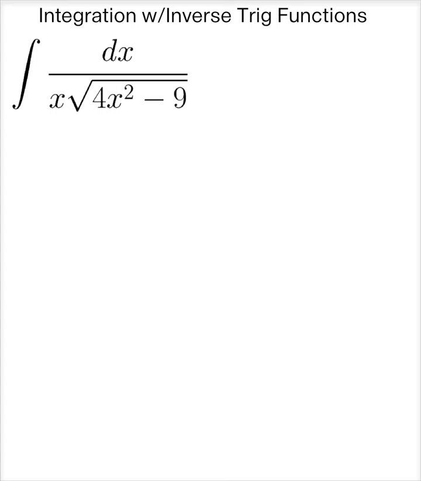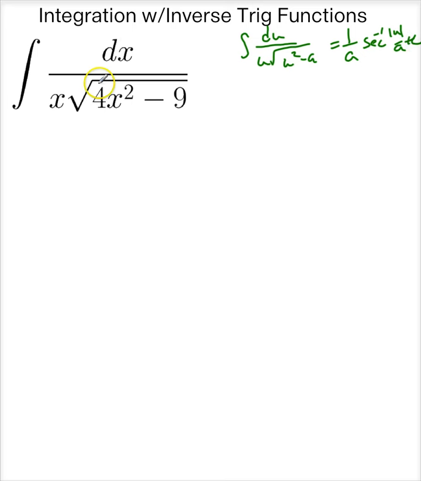Now for this problem, I can see it's of the form of the inverse secant. Now I'm writing it down so I'm going to change colors for this one. Now I know the integral of du divided by u times the square root of u squared minus a squared is equal to 1 over a times the inverse secant of the absolute value of u over a plus c.